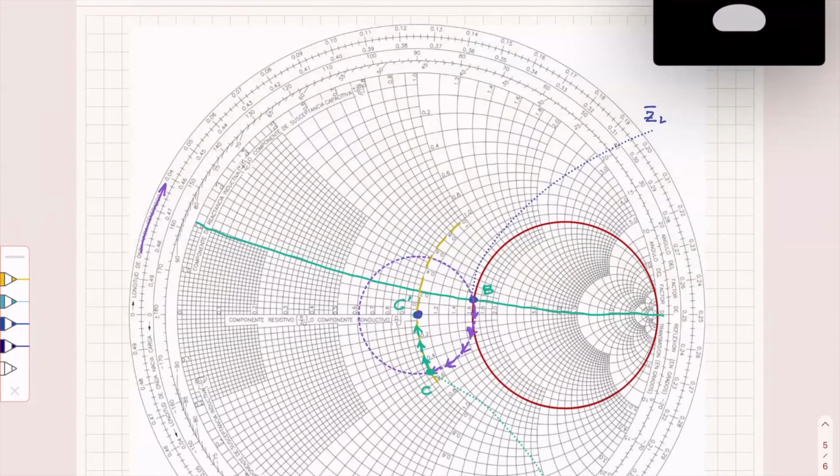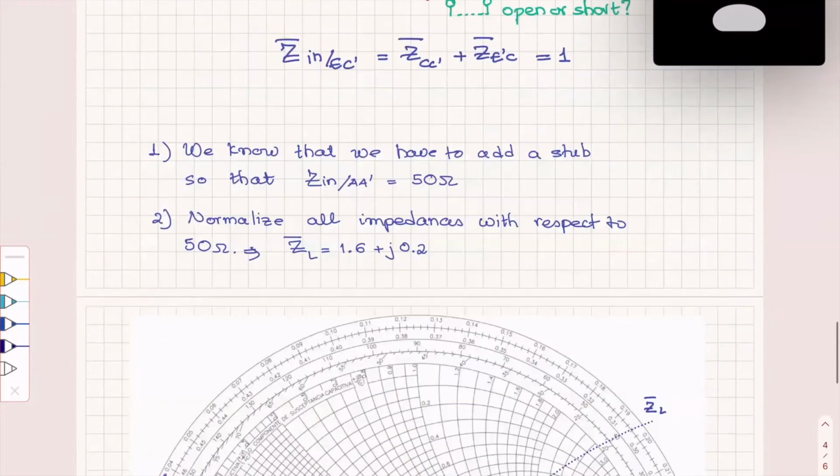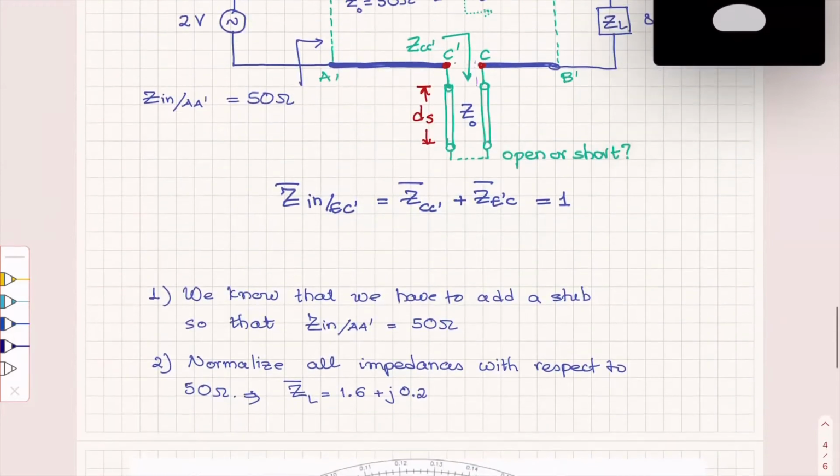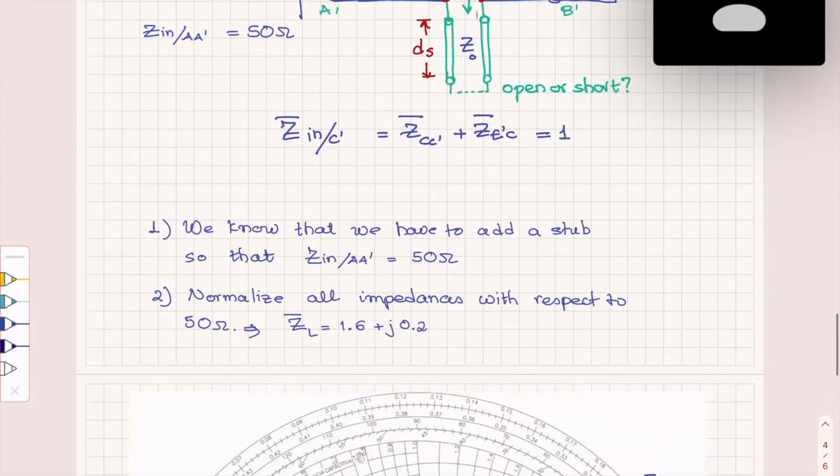So when I move from B to C and from C to C prime, practically I've made my, and I can call this C prime, just so you understand what I'm doing. All right. So practically this is the stub.